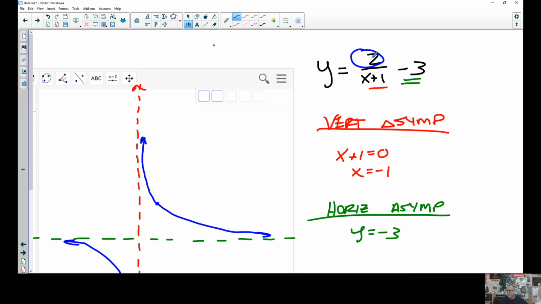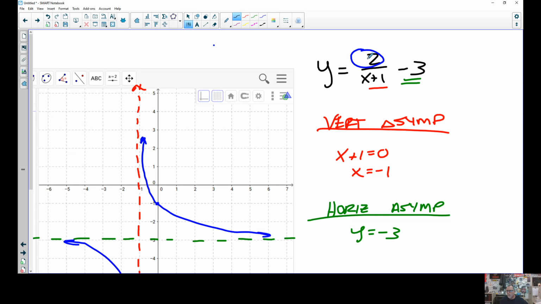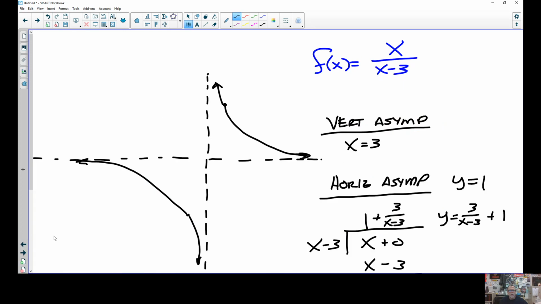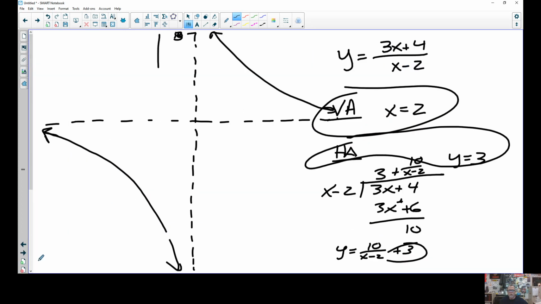With this one, we've got degree 0 over degree 1. So it's something a little bit different, all right? Now, actually, I'm sorry, this is minus 3. That is not even one we're looking at. This is not in true rational expression form. So just look at these. Degree 1 over degree 1, degree 1 over degree 1.